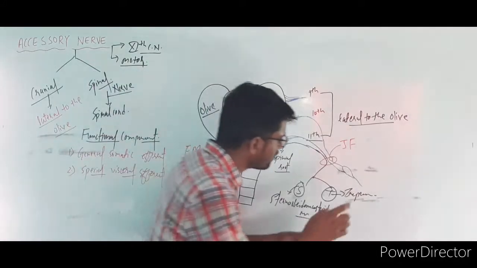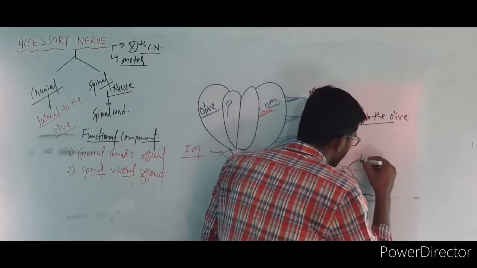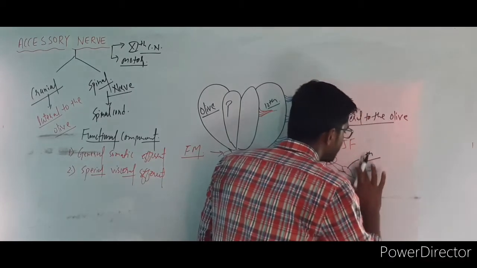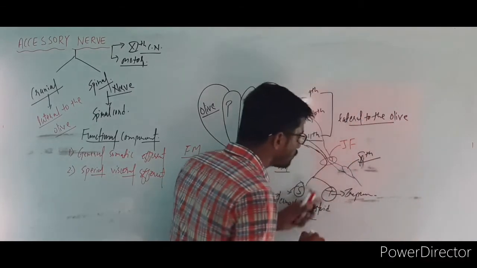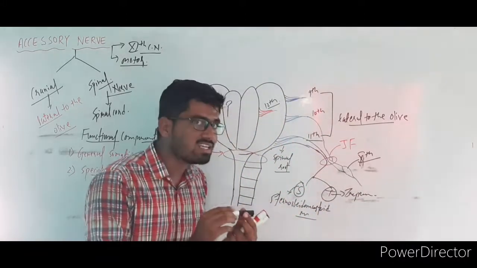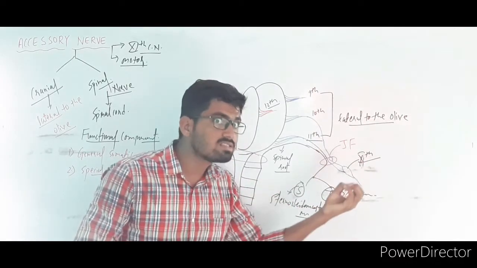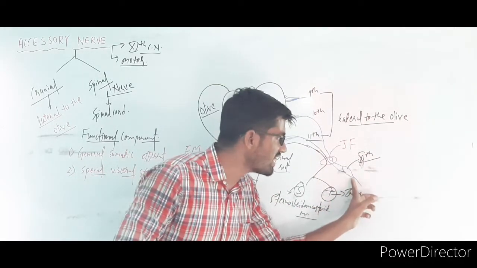So see here, which nerve is this? This nerve is the 10th nerve. Am I right or not? So it joins the 10th nerve and supplies the muscles of the pharynx, and the intrinsic muscles of the larynx through this 10th cranial nerve.